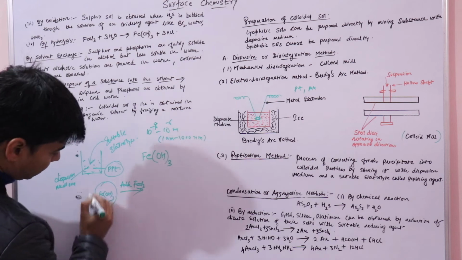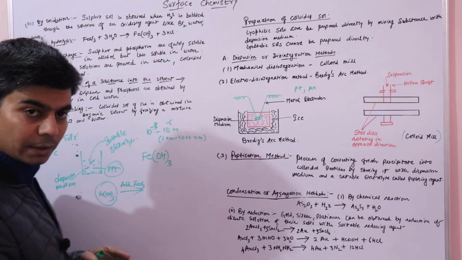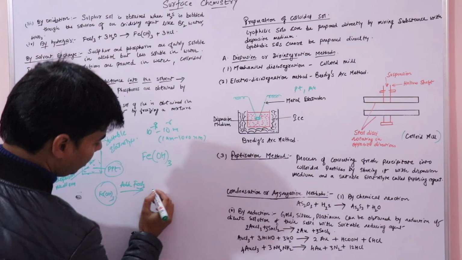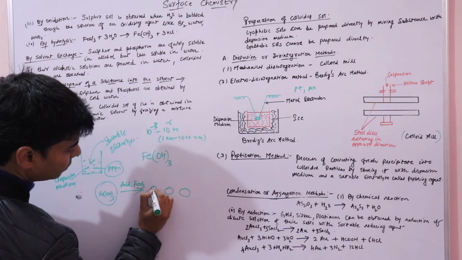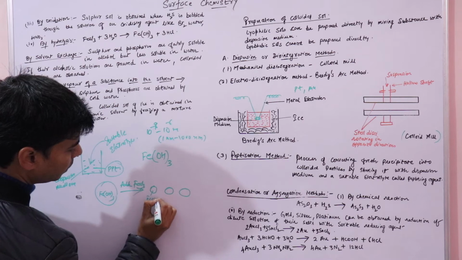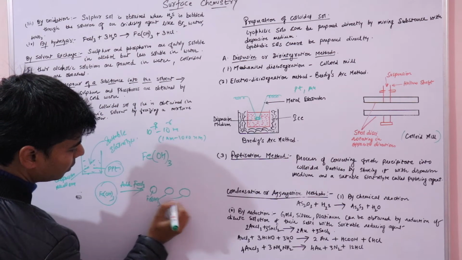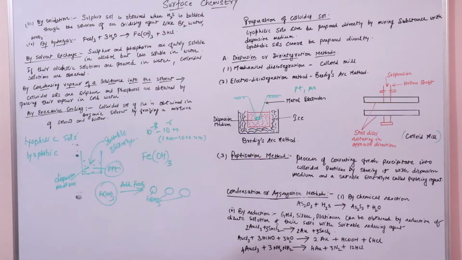Then this precipitate will break or dissociate into smaller particles of colloidal range. These are particles of ferric hydroxide. This is what it means.